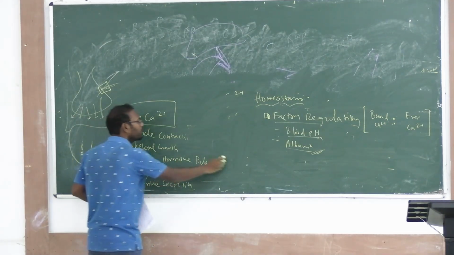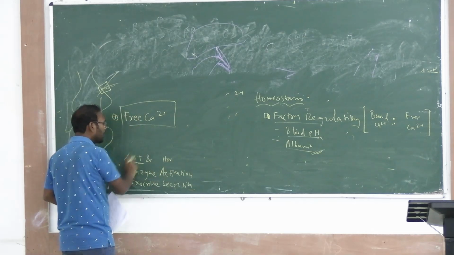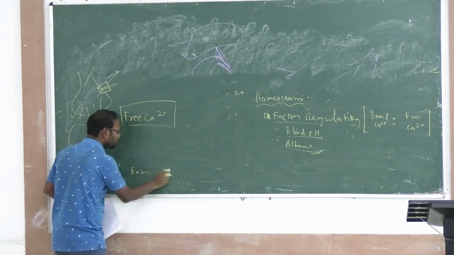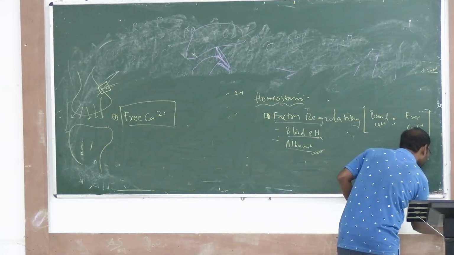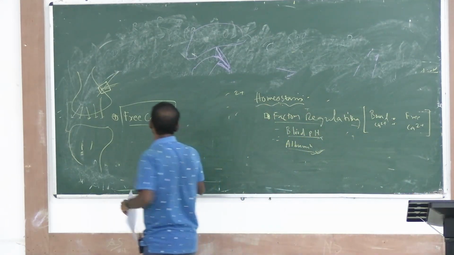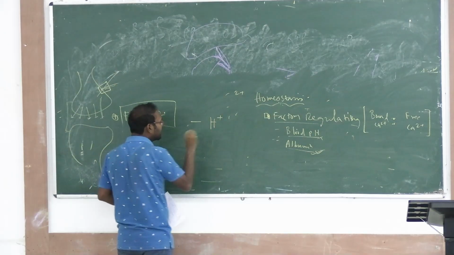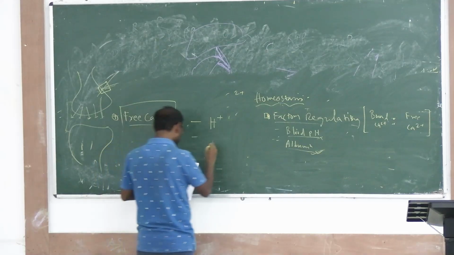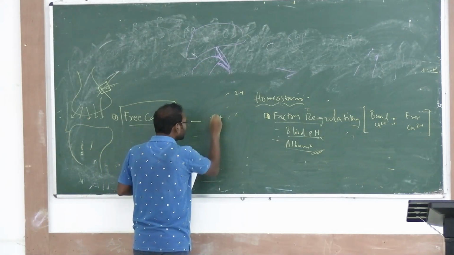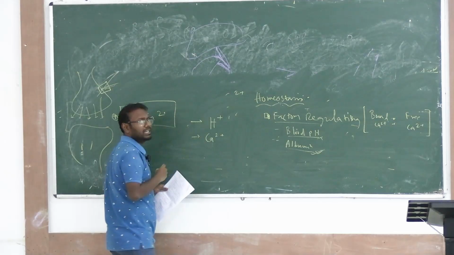So albumin you already understand, but blood pH needs a bit of understanding. So how does blood pH affect this ratio? Two things are very important, okay: that is your H plus, and secondarily calcium. These two ions are the main ones in function here.